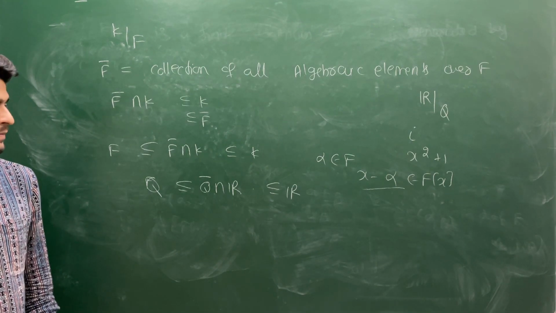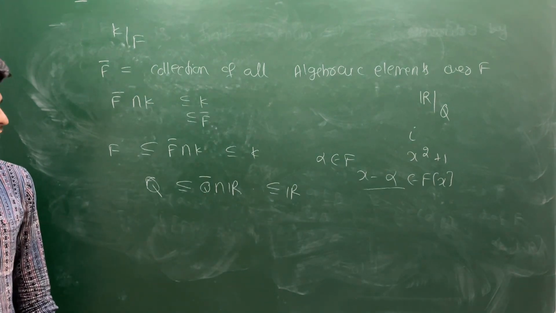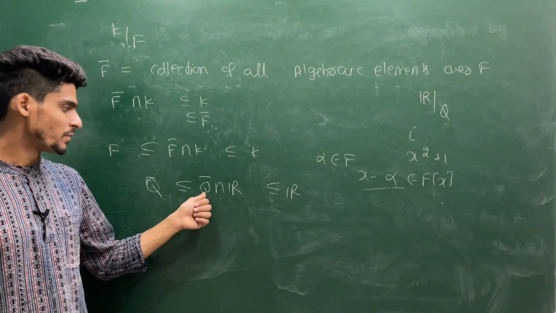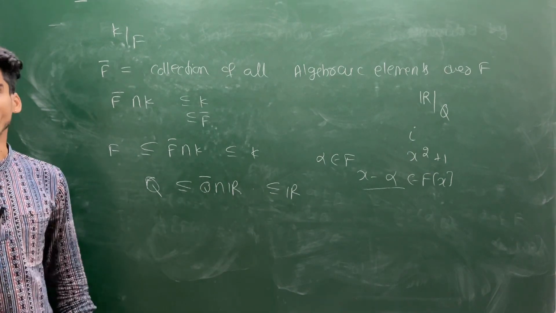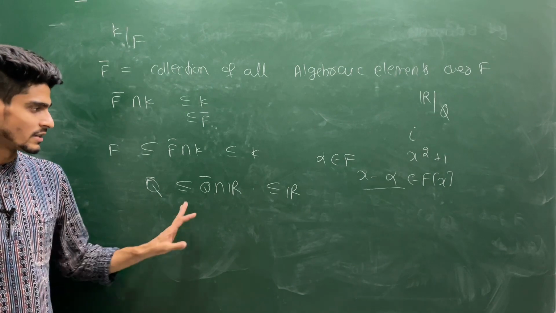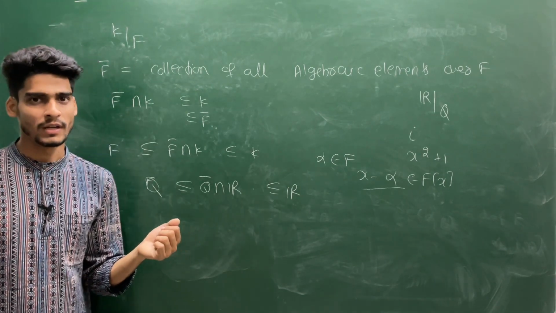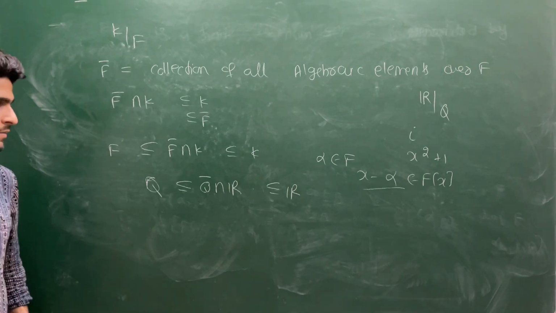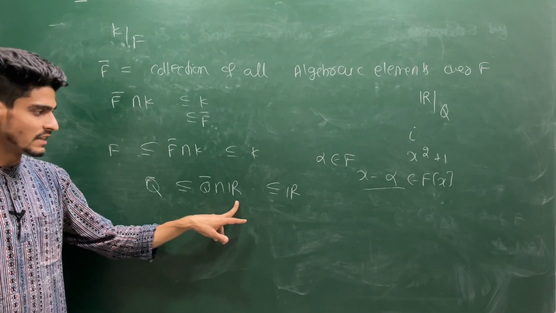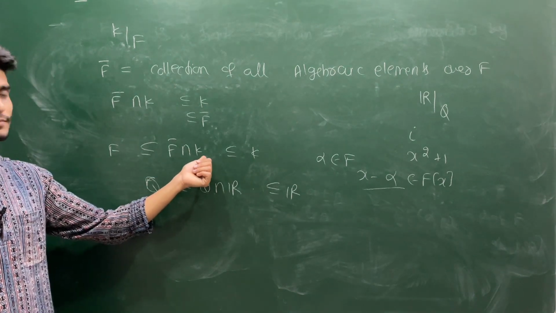So the cardinality of this set is countable, because we can define countably many polynomials over Q. We cannot define uncountably many polynomials. So in some cases we can predict the cardinality, but in all cases we cannot. But this is a very nice subfield because it lies between F and K.